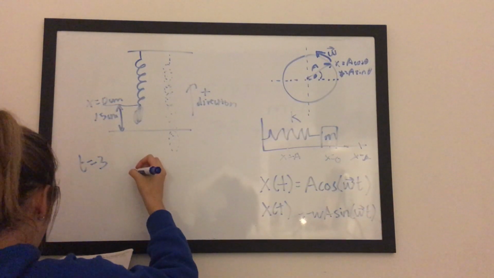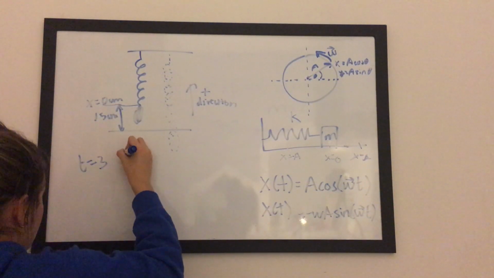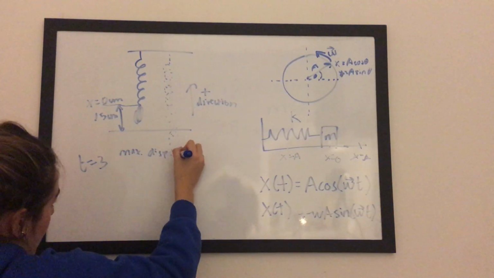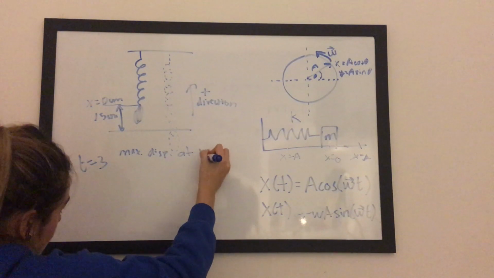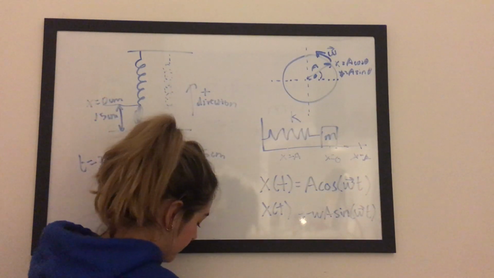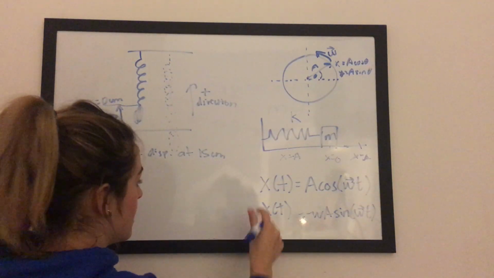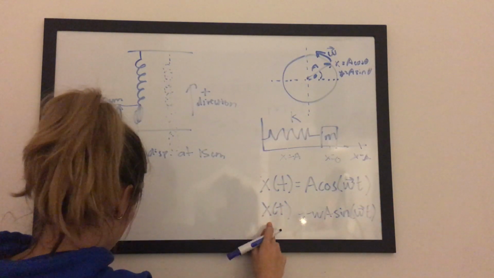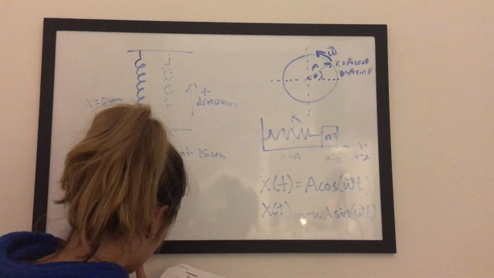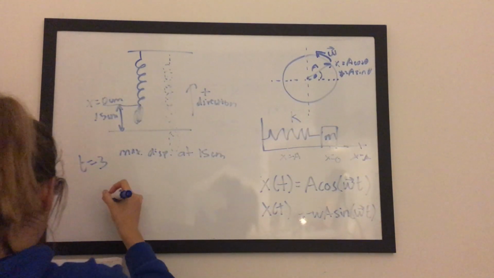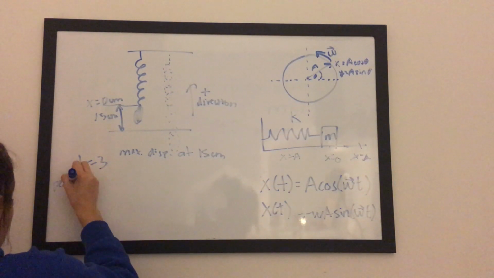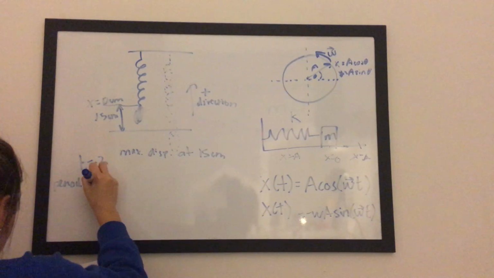So we know that the max displacement will be 15 centimeters since the object is pulled down. Then we use the equations of motion, which is this. Also we know that the period is 2. So I'm going to go ahead and write that down. Period is equal to 2.